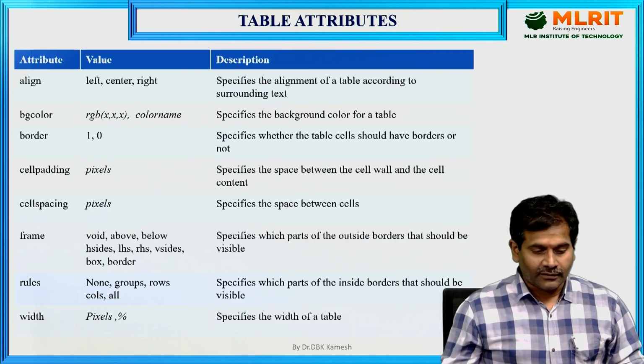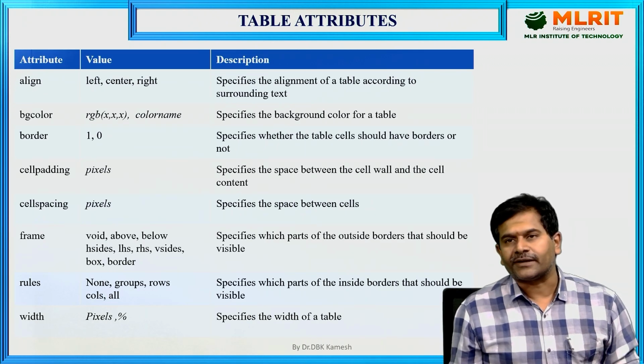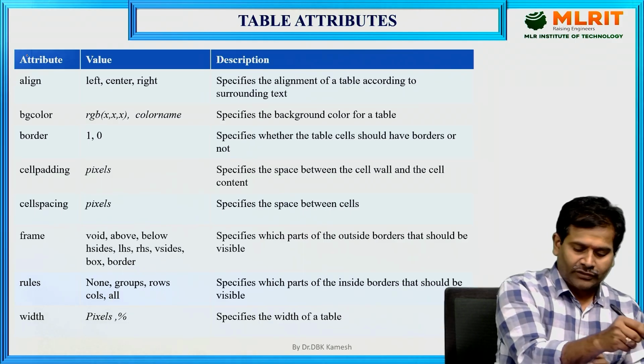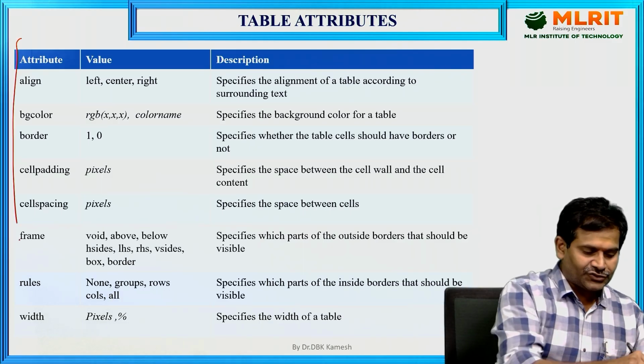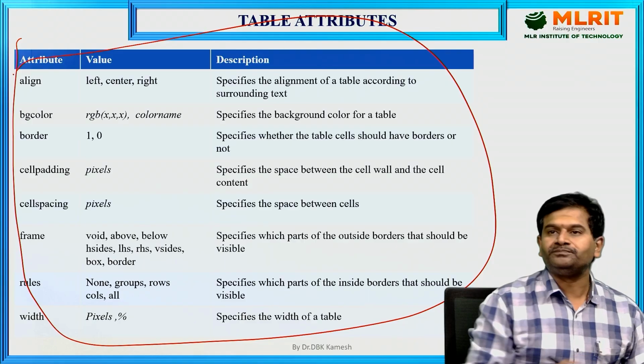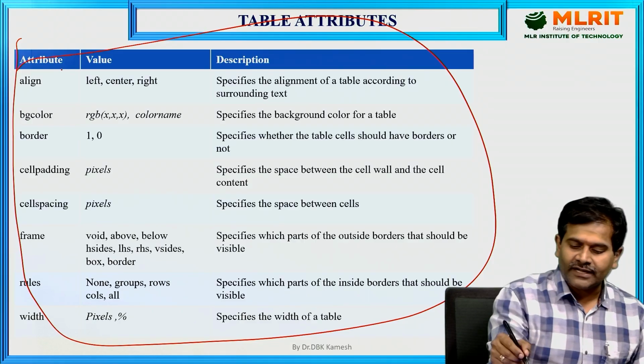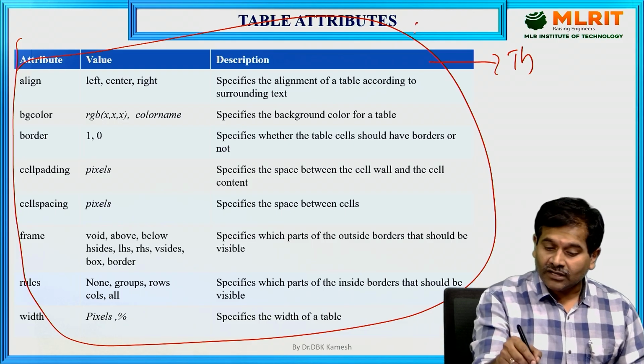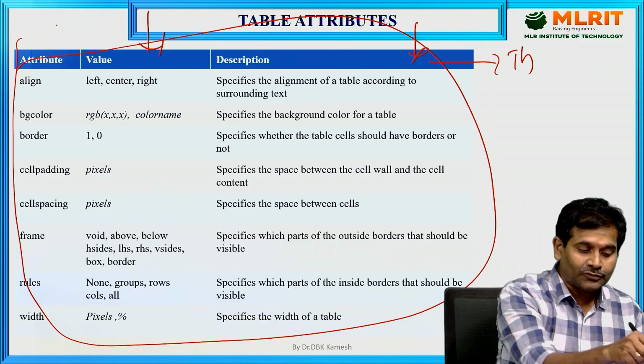Next, what kind of attributes? Assume this is the table row, and this is the table header th. These are the columns: column 1, column 2, column 3.